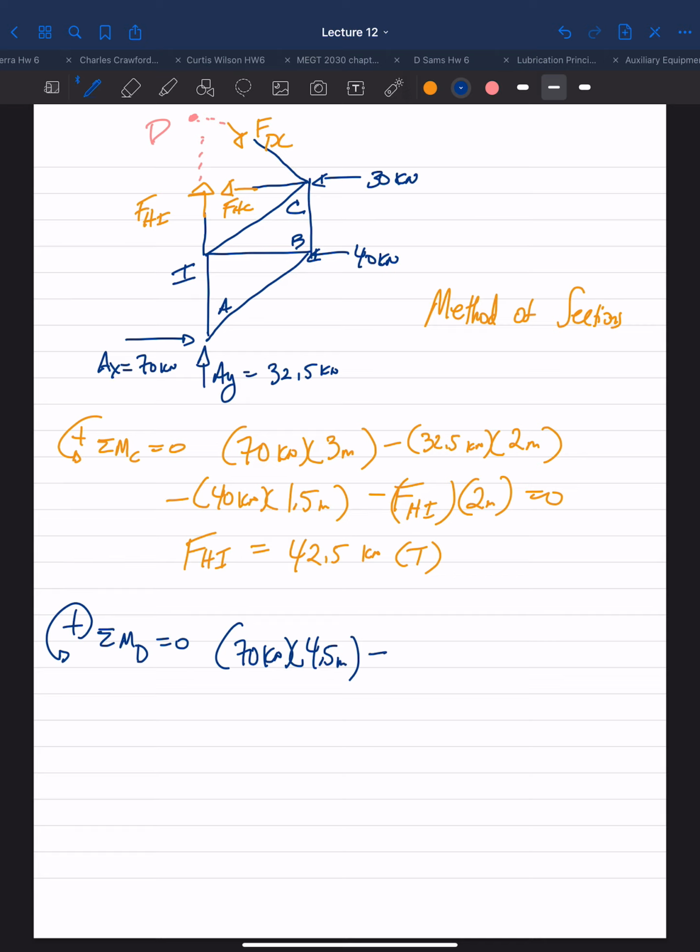Minus your 40 kilonewtons times the perpendicular distance, which is 3.